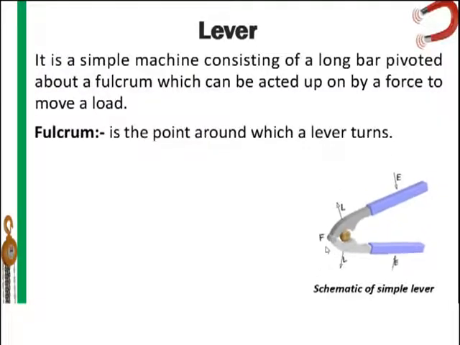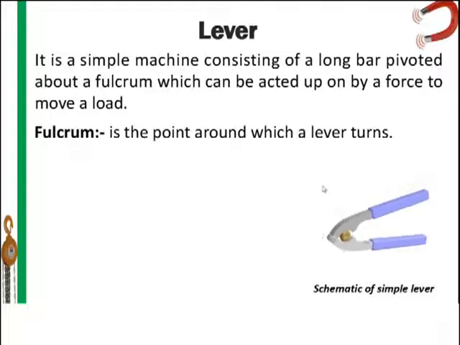So let's have a look at some of the key definition terms relating to levers. The fulcrum is the point around which a lever turns. If you look at this diagram again, you can see that when you apply the effort, this lever is trying to turn in a somewhat clockwise manner, and the other end of the lever is also trying to move in an anti-clockwise manner.